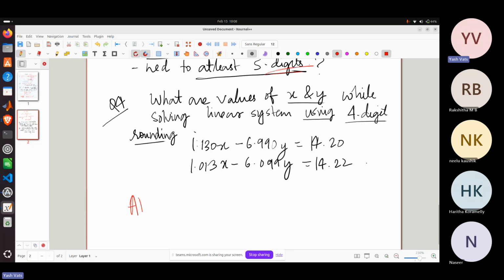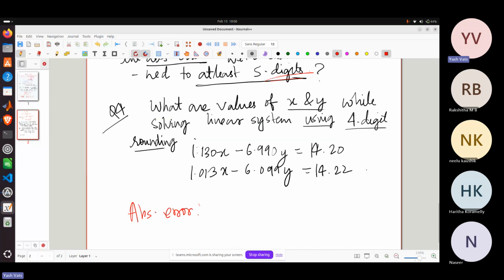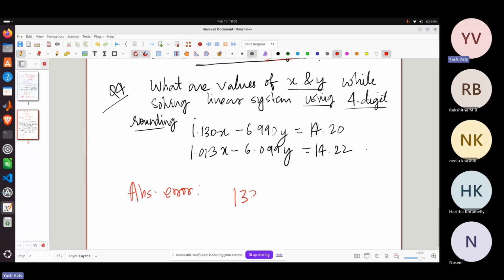The absolute error is just 133.921 minus 133.92. But it is the exact value, and this is the approximate, so maybe you flip the signs.